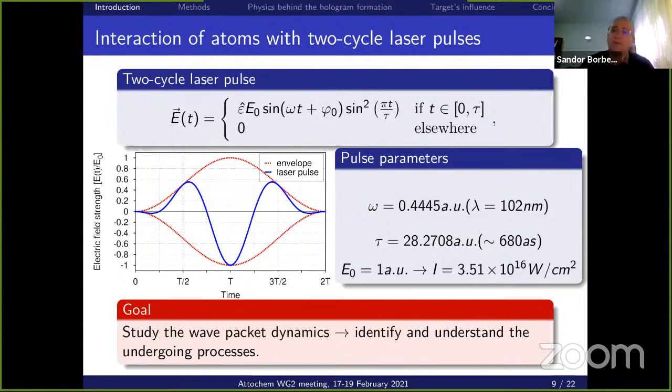To have a very pronounced interference pattern, you need a large quiver amplitude to allow the wave packet to form these two distinct electron trajectories, the scattered and the direct one. This is why we choose these laser field parameters, in order to avoid overly time-consuming numerical calculations.